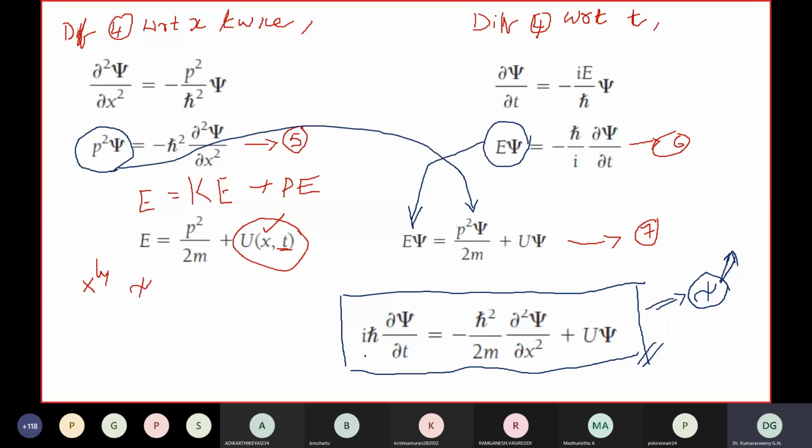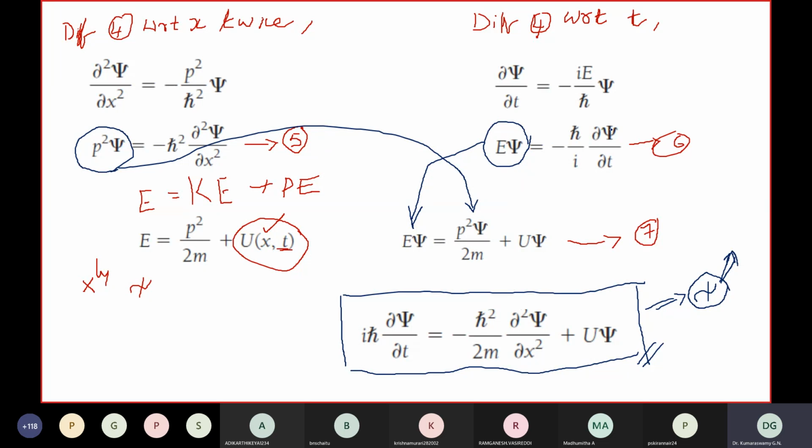In this equation, i h cross dou by dou t is E, right? Here we have i h cross dou by dou t of psi equal to E psi. That we have substituted here in the same equation.